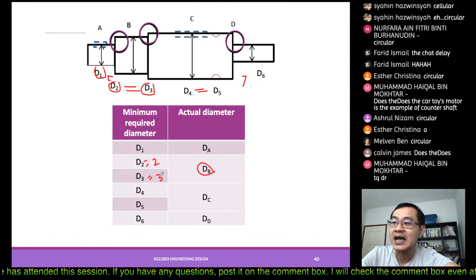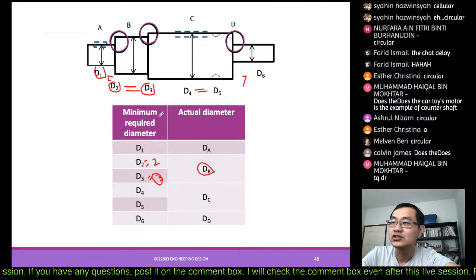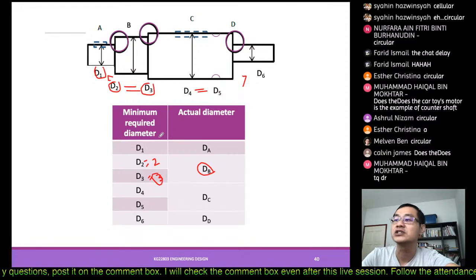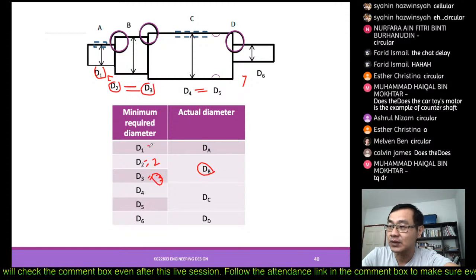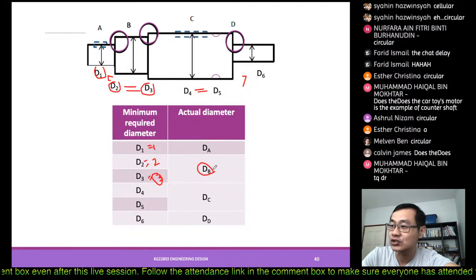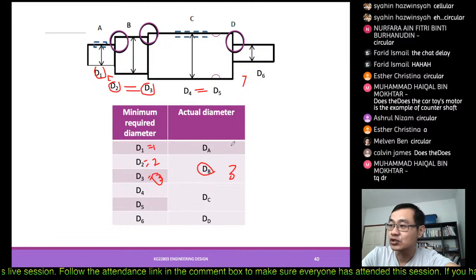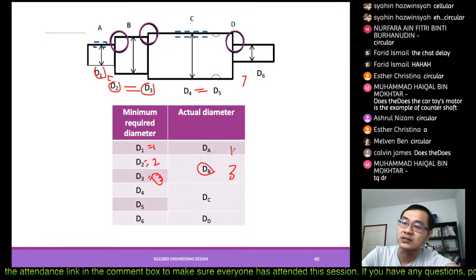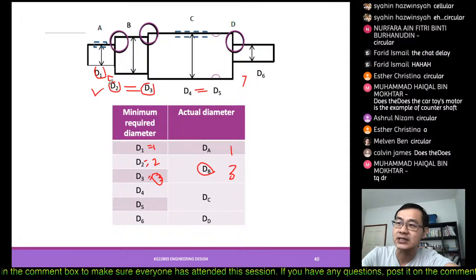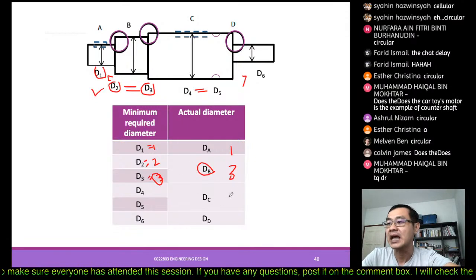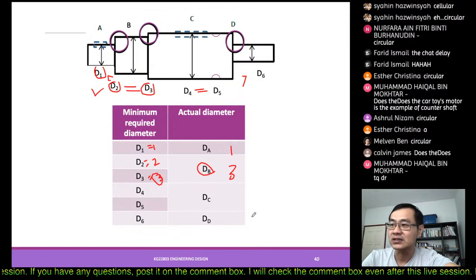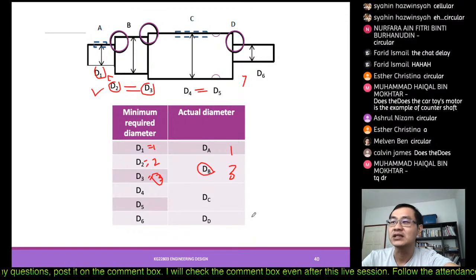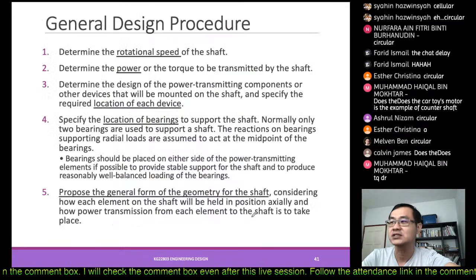We should use the higher one, right, so that it satisfies both conditions. So we will select DB. Let's say D1 is 1, so if we choose 3 here and 1 here, this one is still greater than this one, so this condition is satisfied. So this is how we select it after we get the minimum required diameter across the shaft.